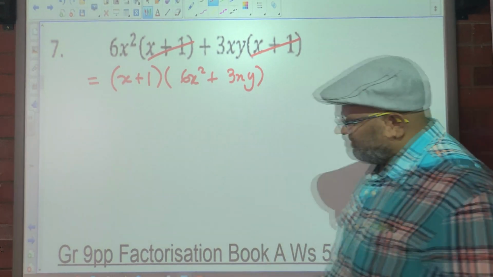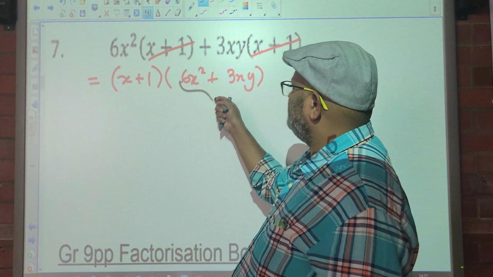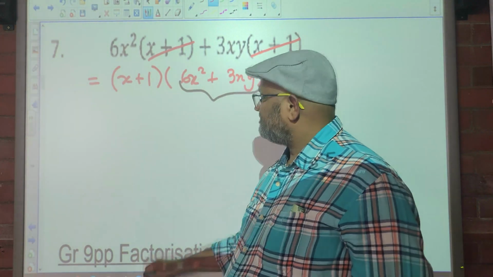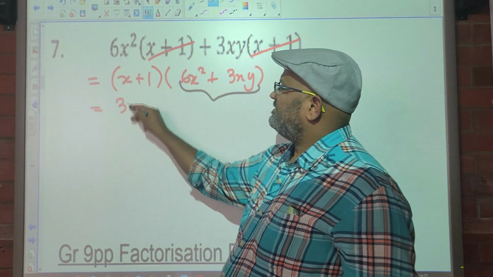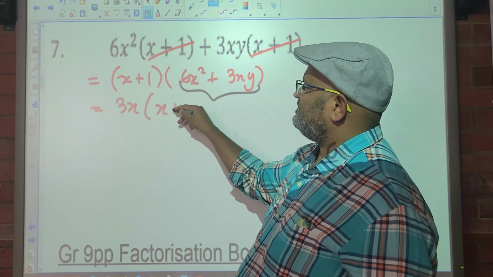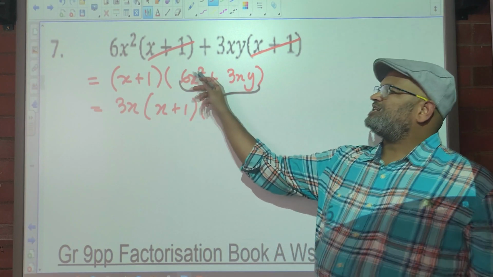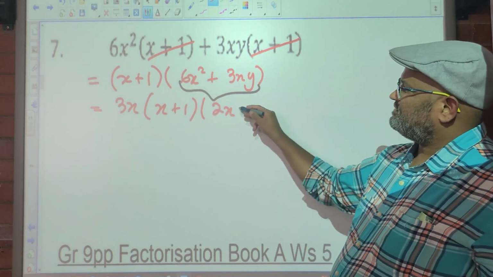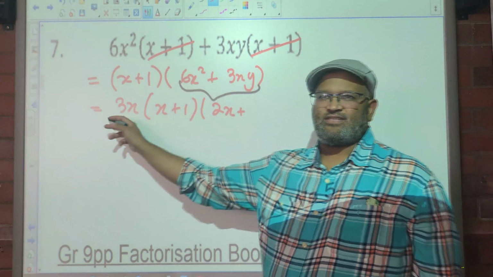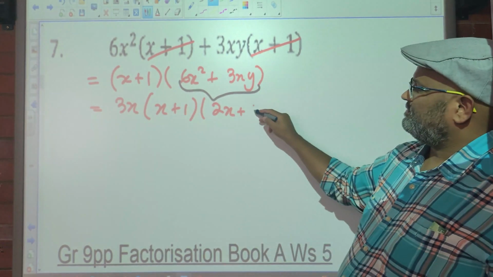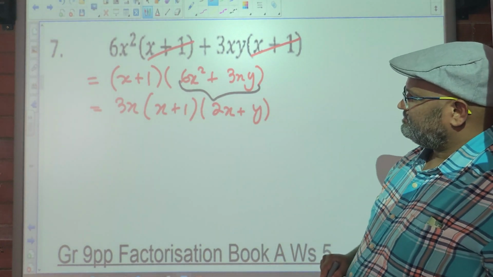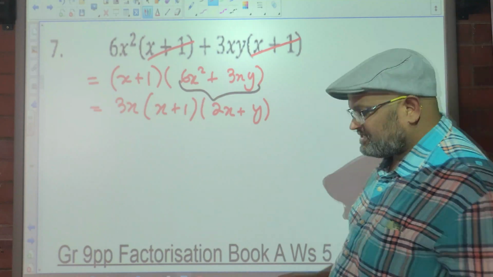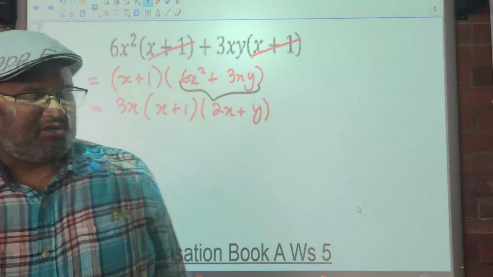So what is now common in the second bracket? 3x. So 3x into x plus 1. What is 6x squared divided by 3x? 2x. What is 3xy divided by 3x? y. Okay, you guys understand?